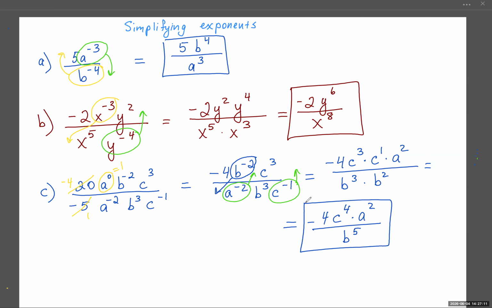Now, next, we are going to look at two examples that have a power to a power. Something like this: a to the negative 3 over 2b to the negative 2, and then on the outside of that is negative 3.